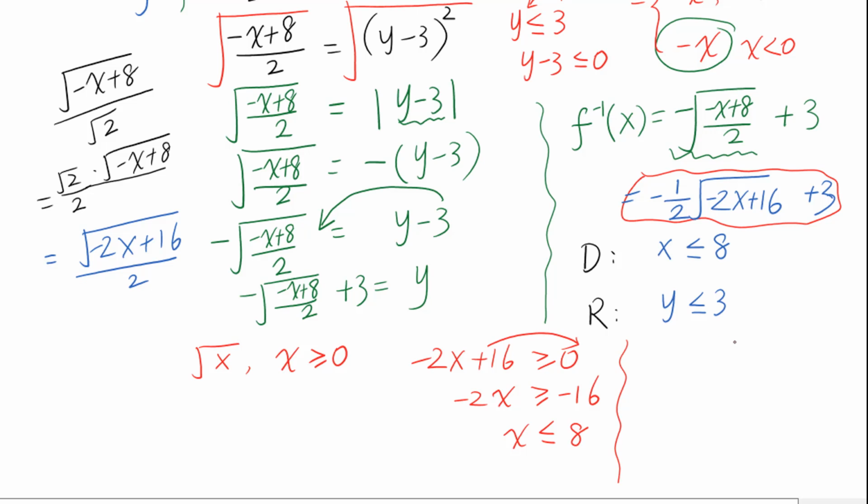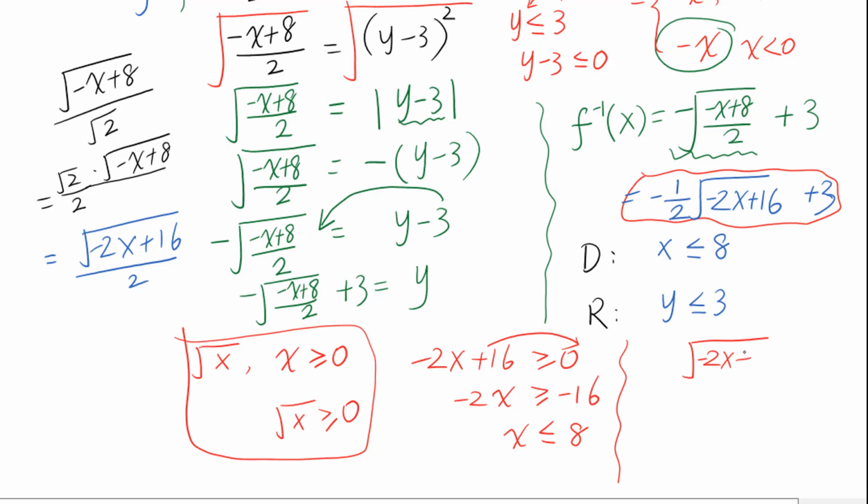For the range, we do know the square root is greater than or equal to 0. So we set up the square root of negative 2x plus 16 greater than or equal to 0. Then we multiply by negative 1 over 2 both sides. Remember, switch the symbol: negative 1 over 2 times the square root of negative 2x plus 16 is less than or equal to 0.